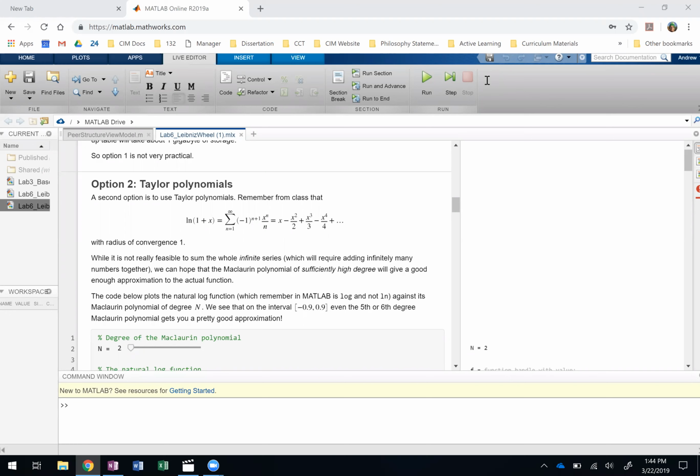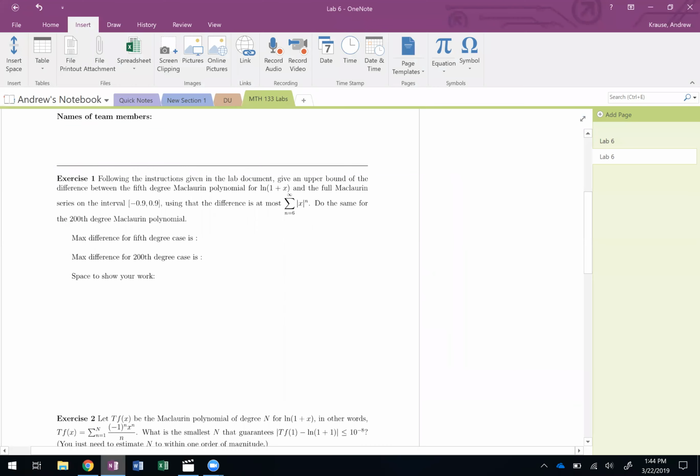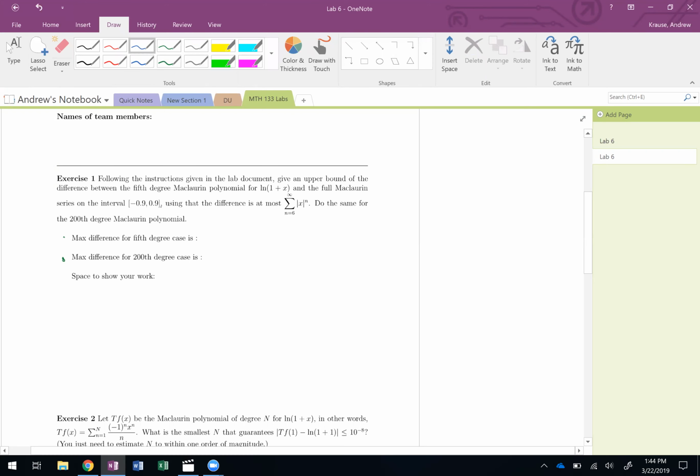So we're saying, if we take the first 4 terms, would that be a good approximation? Or maybe we need to take the first 100 terms. So this first exercise is asking us to figure out if we take the first 5 terms, or the first 200 terms, how good is that approximation on this interval from negative 0.9 to 0.9? And later on, we'll talk about why that interval is important.